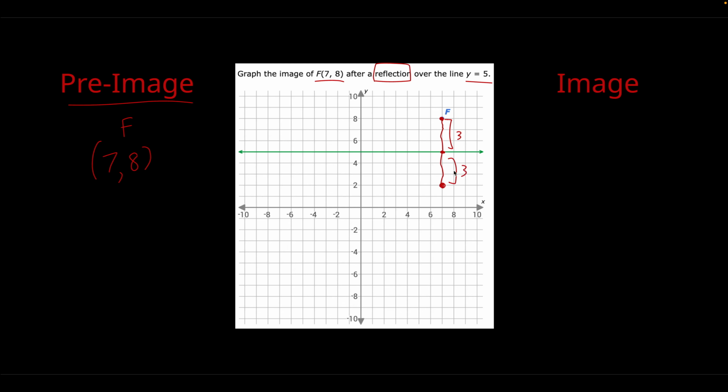It has to be the same distance from the point to the line of reflection. Think of a mirror, right? Same thing on both sides. And what we call our new point is F prime. So the image is the new reflected point, F prime, and it is located at (7, 2).